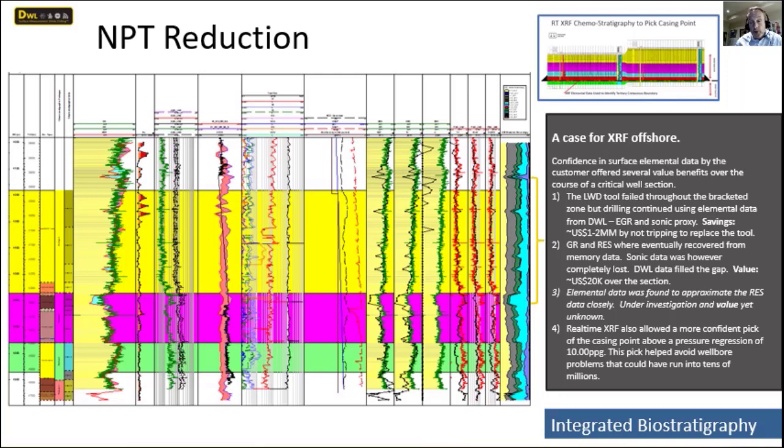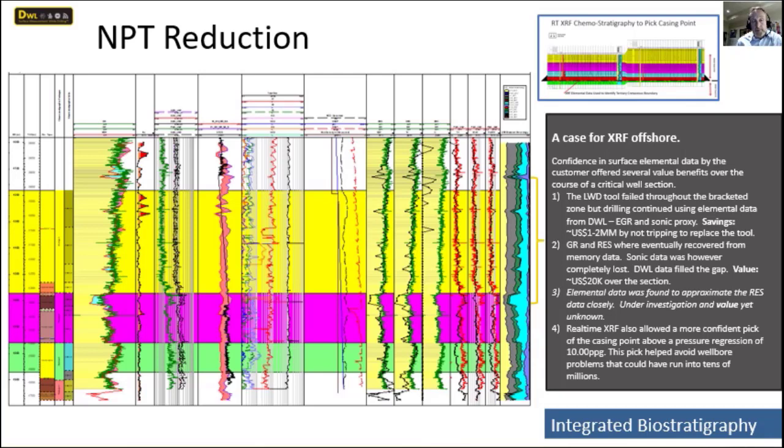We actually also provided the micropaleontologist for this project, so using a combination of biostratigraphy and chemostratigraphy, we were able to provide the geoconfidence or lower the geological uncertainty to make this casing point pick successfully. You'll notice here that this black curve is actually sonic, and the entire LWD suite failed through this sequence marked by this yellow bracket here.